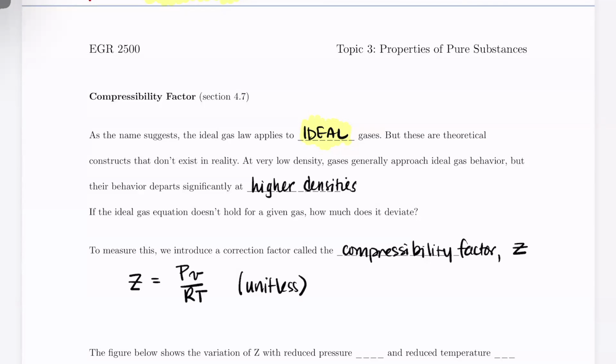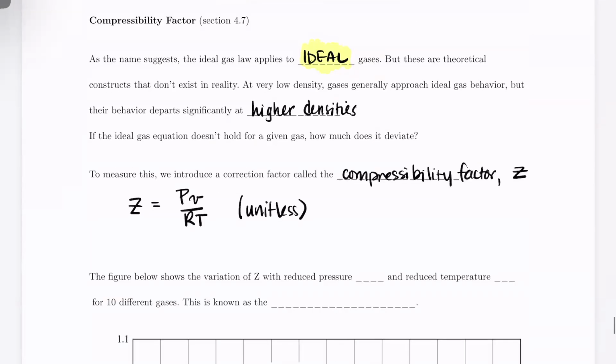Okay, so for an ideal gas, what would Z be equal to? Any ideas? I heard 1. Yes, very good. If PV equals RT, which it does for an ideal gas, then we would have a compressibility factor of 1.